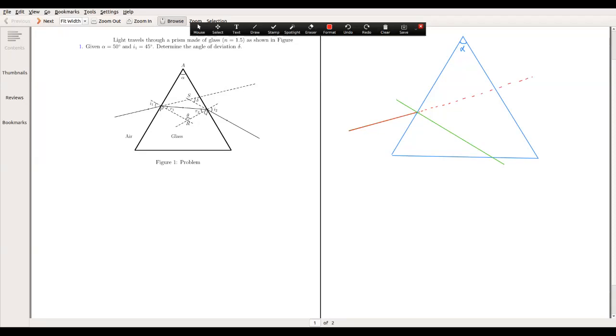It should go along that line through the point S in there. But instead it gets refracted. And in this particular case, we will see that this actually gets refracted exactly parallel to the base.